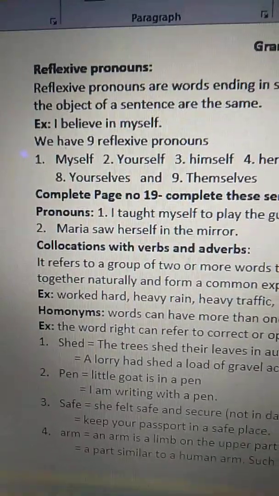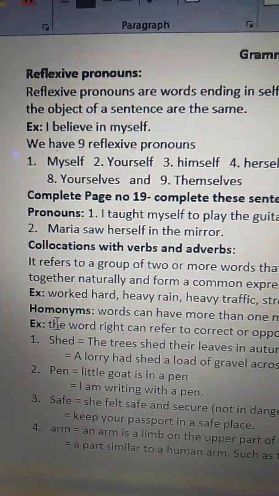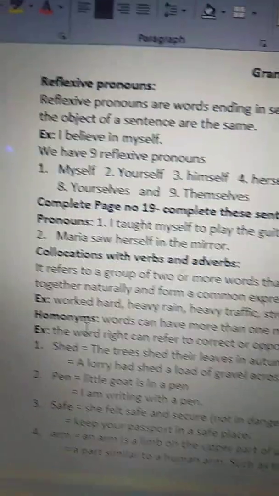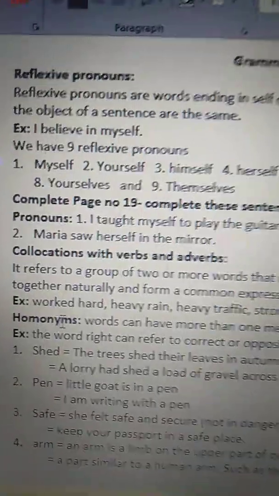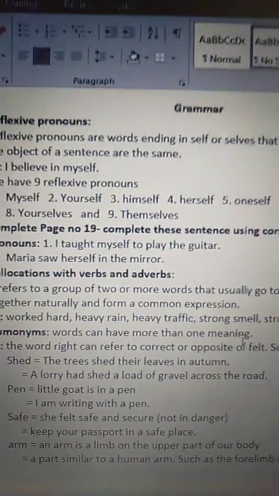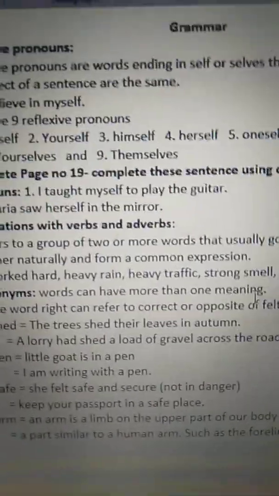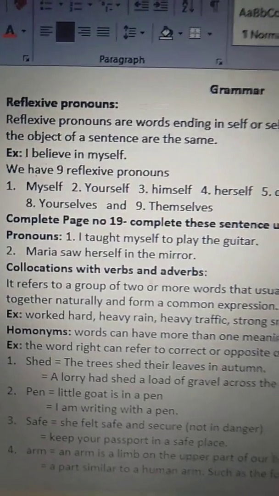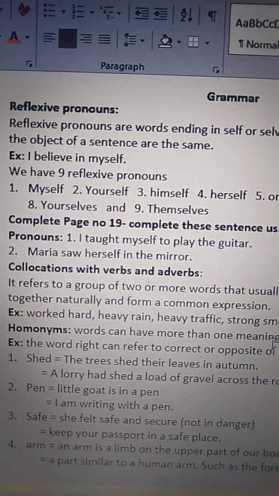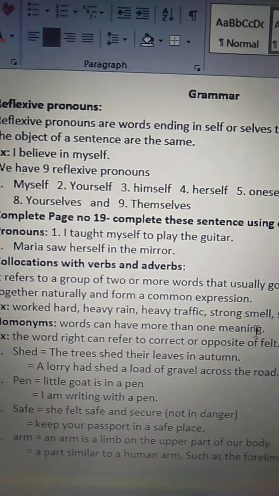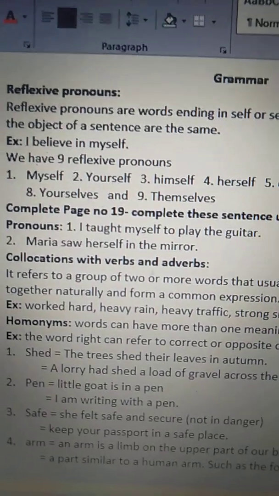Now comes the next topic, homonyms. See here. Homonyms means words that can have more than one meaning. The words which have more than one meaning, we call them homonyms.